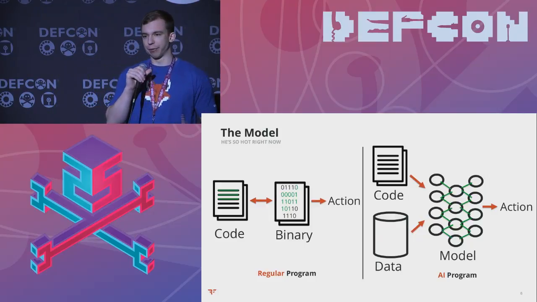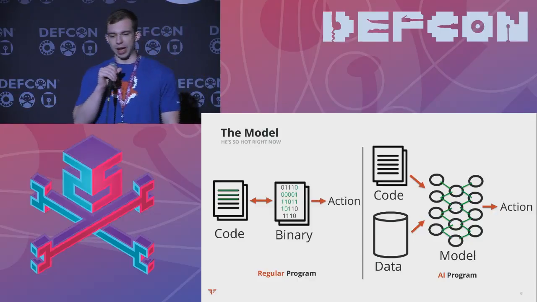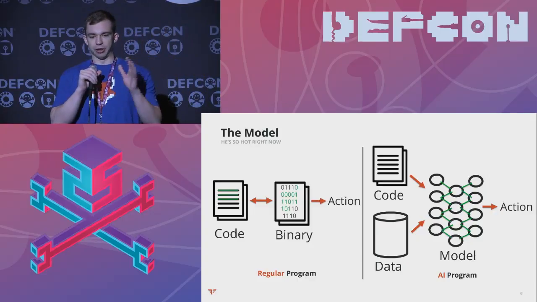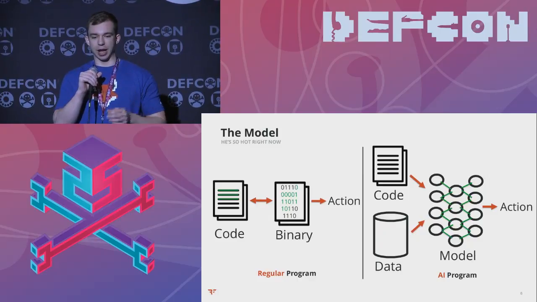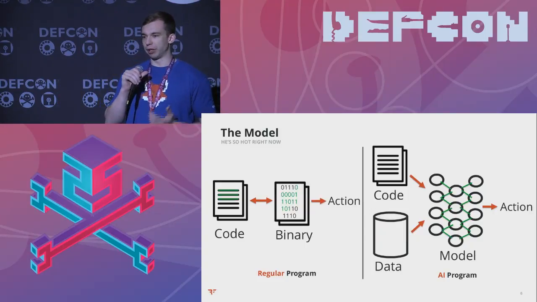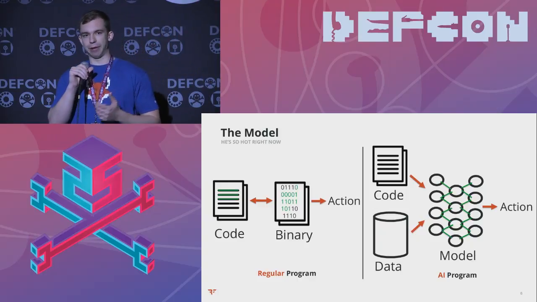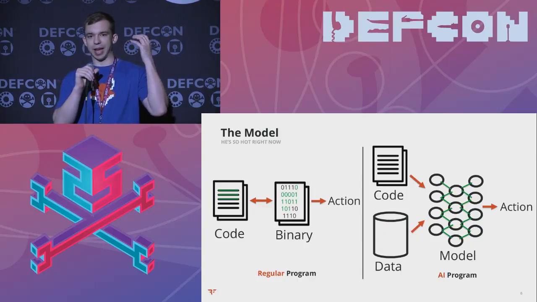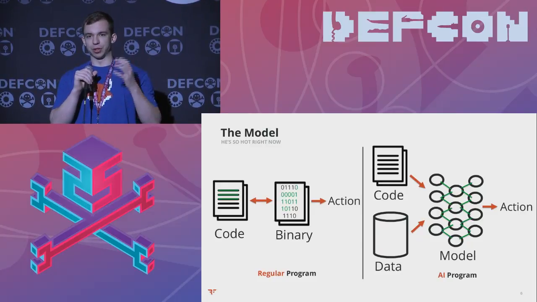An AI program differs slightly in that there is still a binary and still a program being written, but it takes in data and runs it through what's called a model, and the model is what decides an action. So you're not programming conditional logic in there: if we're in state A, then take action A, else take action B. There isn't so much of that.